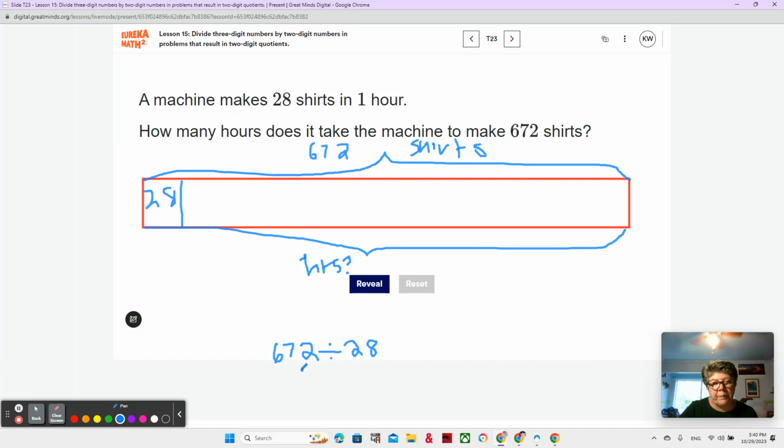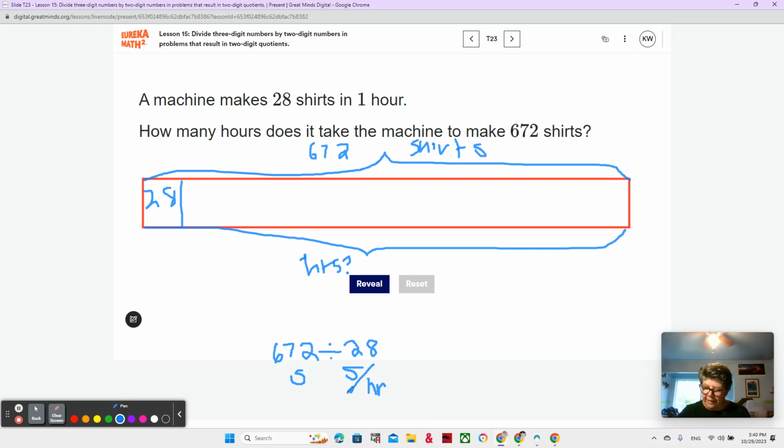Okay, and we want to remember that this is 672 shirts and 28 shirts per hour, right? So 672 divided by 28.